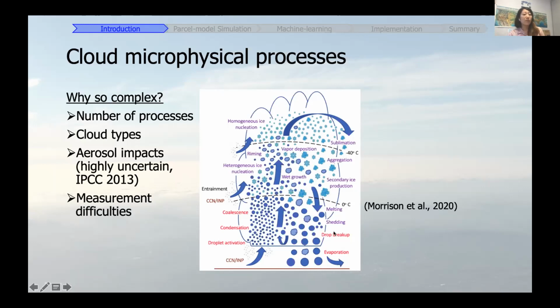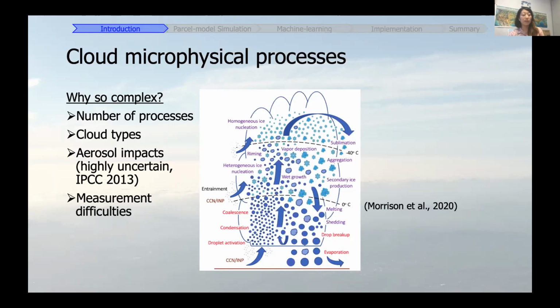Another complication is the measurement difficulties. What we can measure is mass concentrations or number concentrations, but they are just the product of all those processes or just one process.